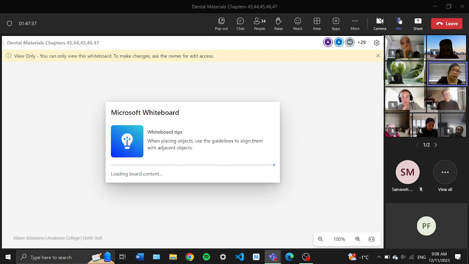Composite is straight. They don't make a crevice or any angle. It is straight. Now they place different materials in order to hold. So we have the etchant. Etchant is made up of phosphoric acid.